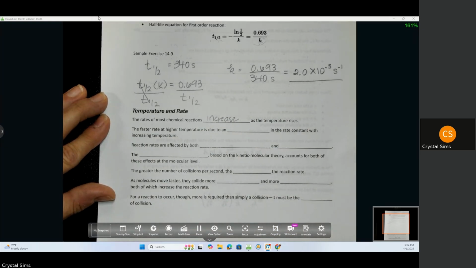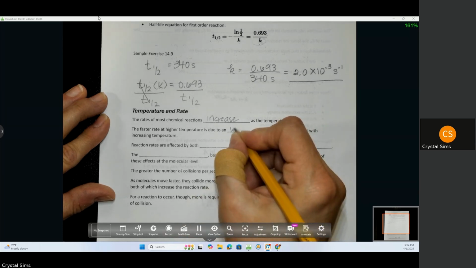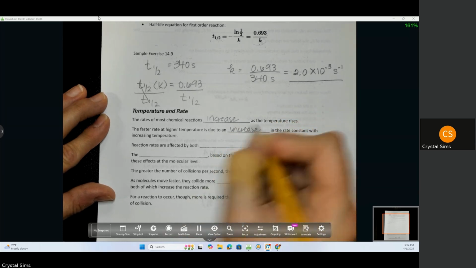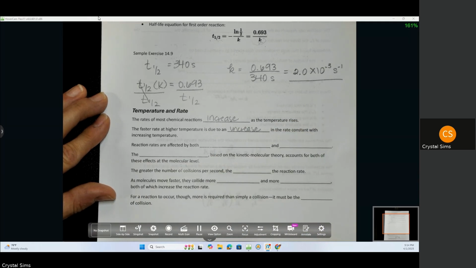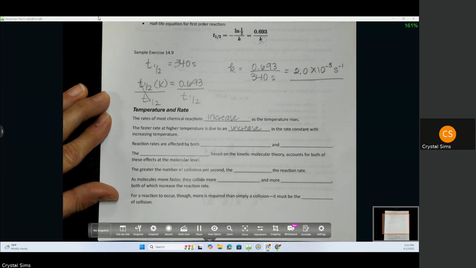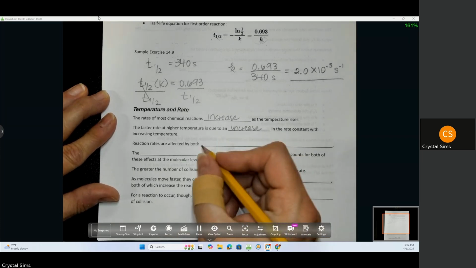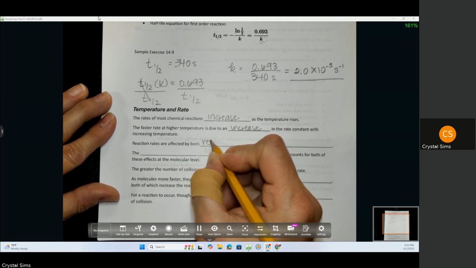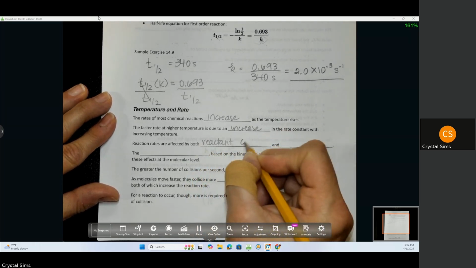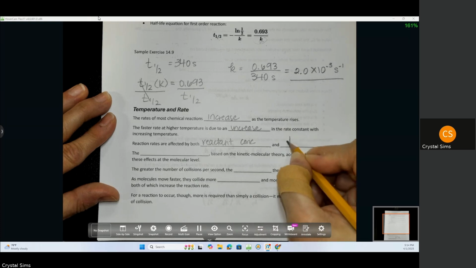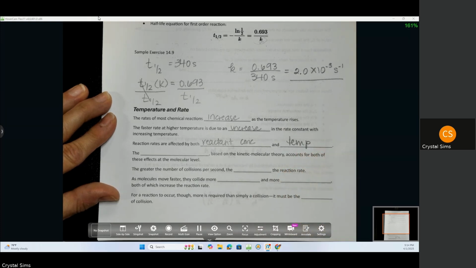And this faster rate is due to an increase in the rate constant. Remember, the rate constant is affected by increasing temperature. So the reaction rates here are affected by both reactant concentration, as we talked about, and temperature.